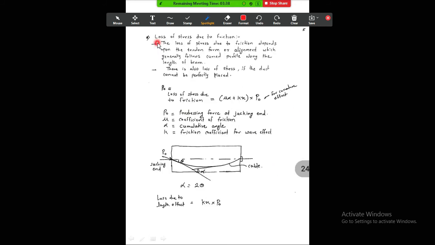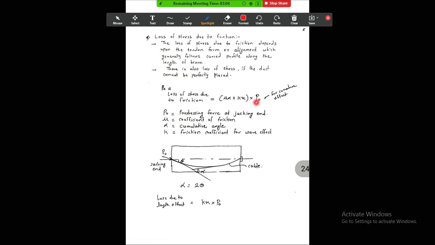And the last one is the loss of stress due to friction. The formula is (mu alpha plus kx) into P0. If the mu and alpha values are not given or are 0, then this formula reduces to kx into P0. So the loss due to the length effect is kx into P0, and the loss due to the curvature effect, if the curvature is there, is (mu alpha plus kx) into P0.